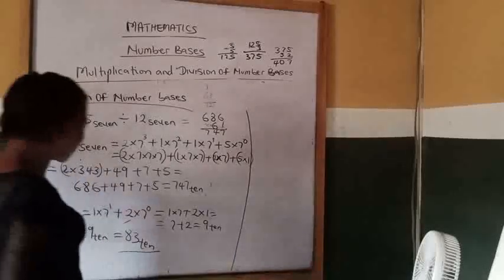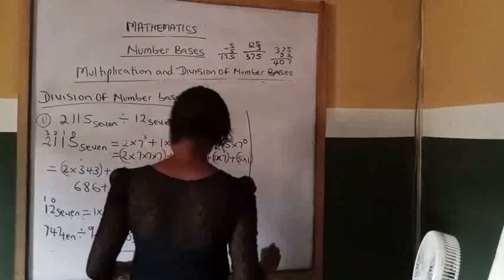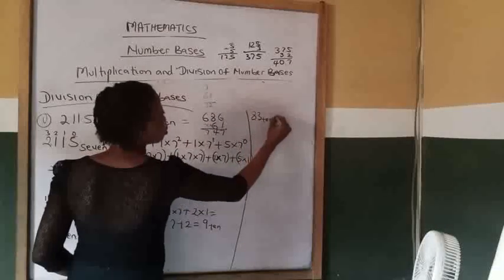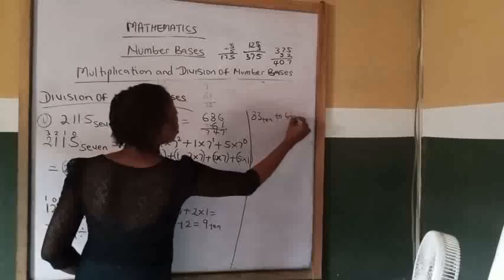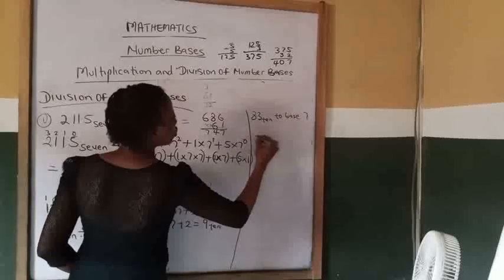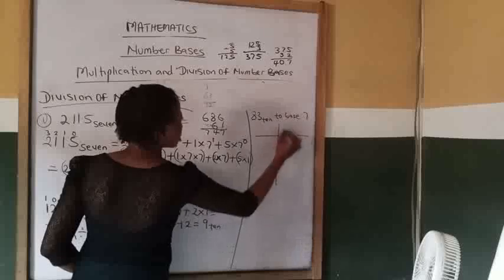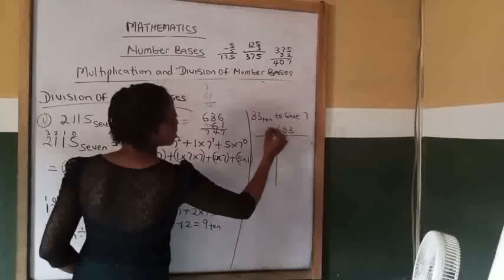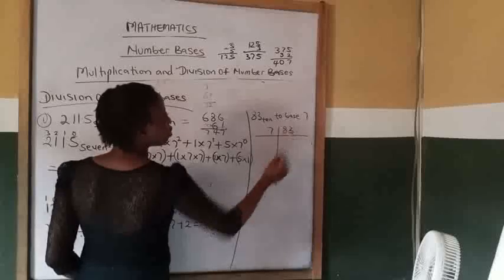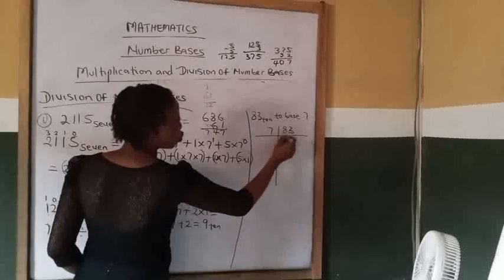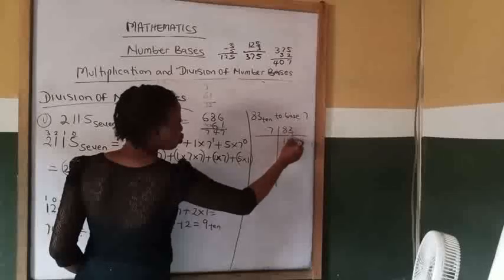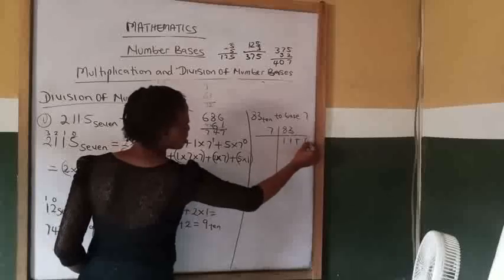We convert it to base 7 by dividing by the new base. So 83 divided by 7. How many 7s can we get in 8? That is 1, remainder 1. In 13, how many 7s? That is 1, remainder 6.